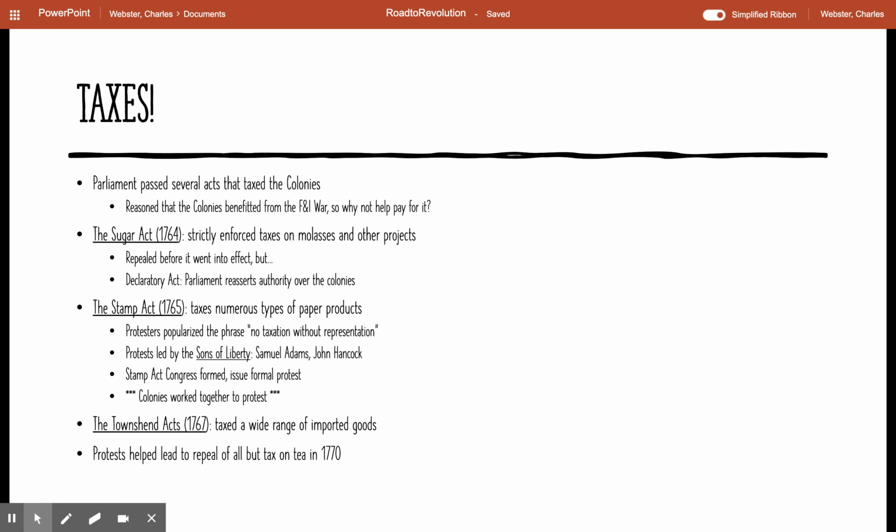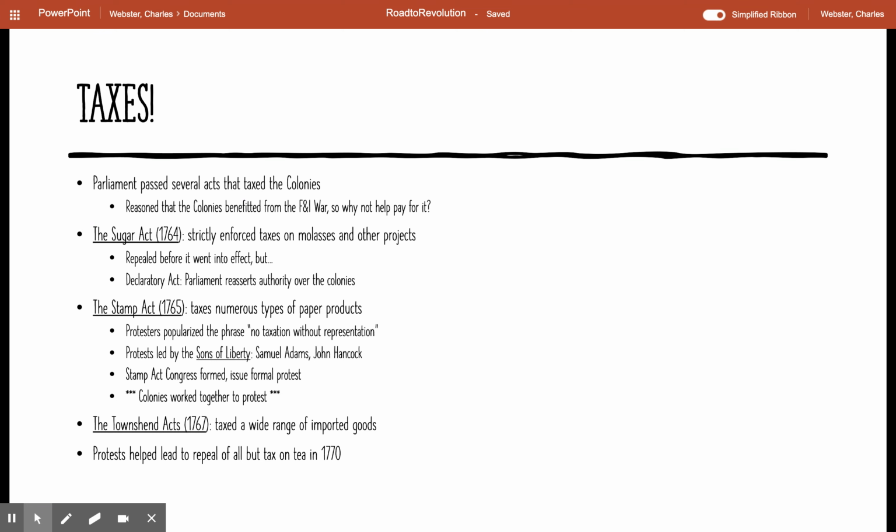But when they repealed that, Parliament passed another act called the Declaratory Act, where they asserted their authority over the colonies. They said, we're the ones in charge here, not you. And remember that next year, basically.